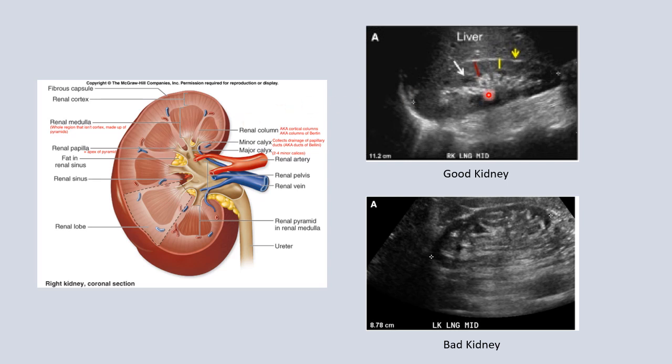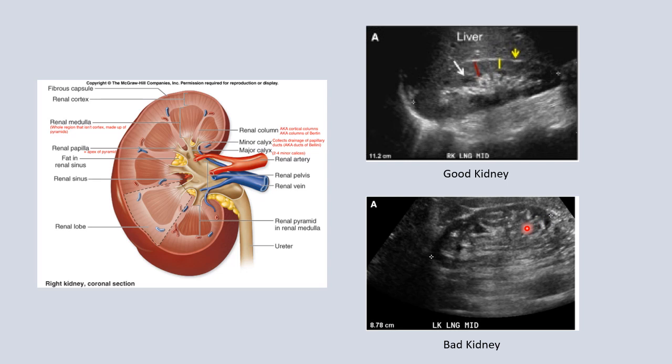Okay. And then lastly, if you're comparing the good to the bad kidney, the good kidney, as you see, is larger, 11.2 centimeters versus 8.78 centimeters. Also, you could see that the bad kidney has a thin parenchyma. So this makes sense if you think of a damaged kidney, it's going to have less of a functional unit.